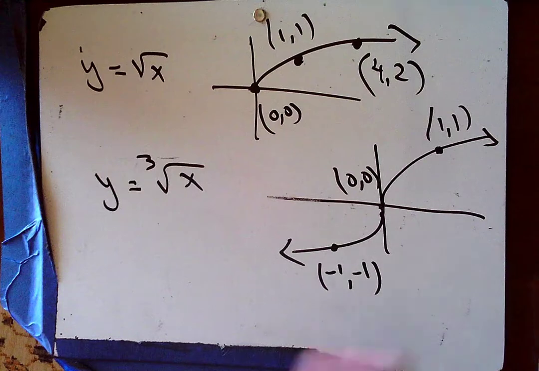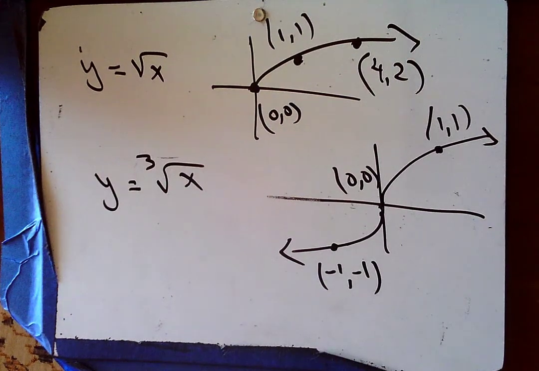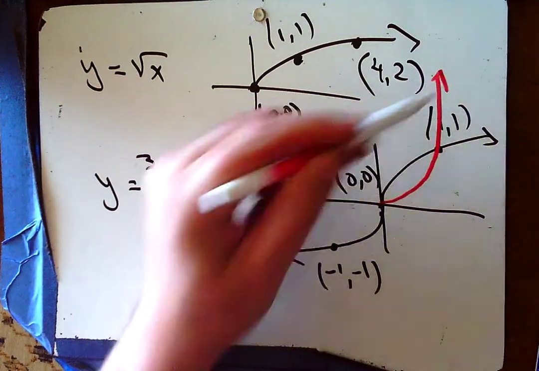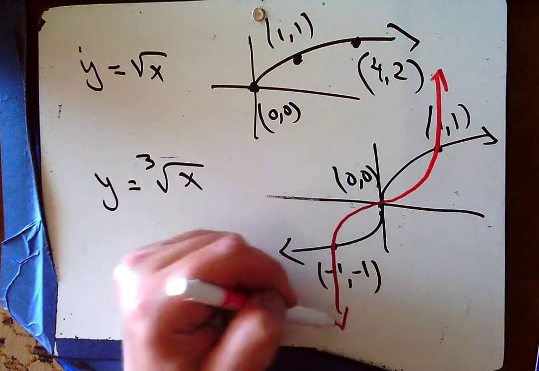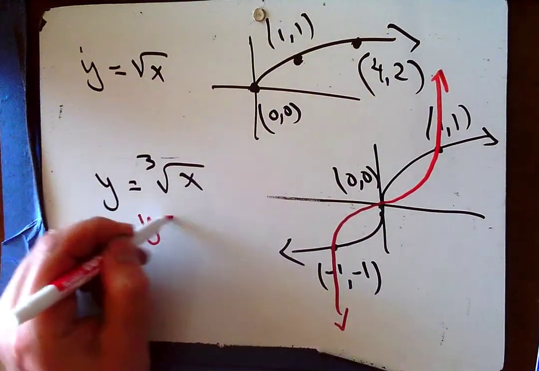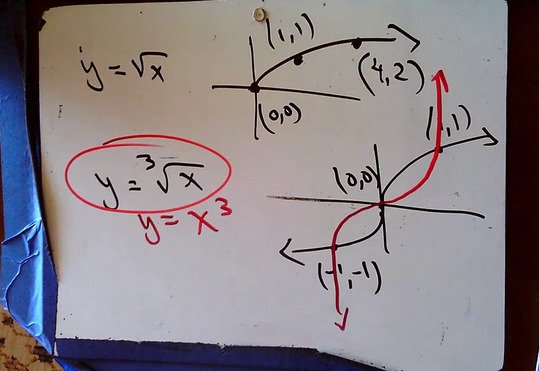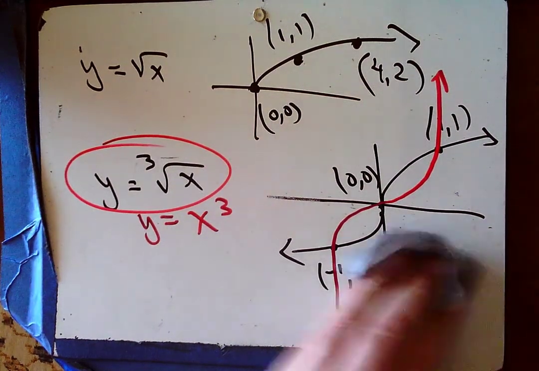Remember, these are the same reference points for y equals x, but they're also the same reference points for y equals x to the third. Please don't draw the red graph when you're asked for the black one. I've got to know the shape as well as the reference points.